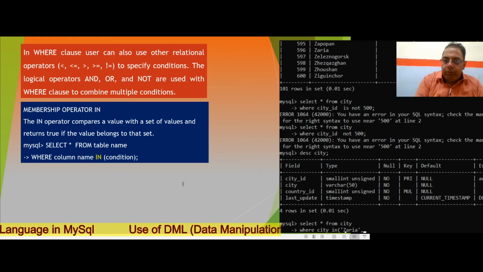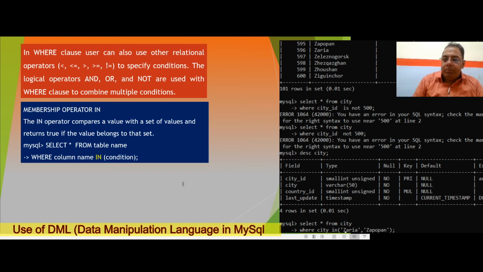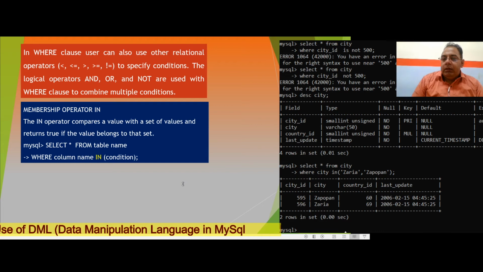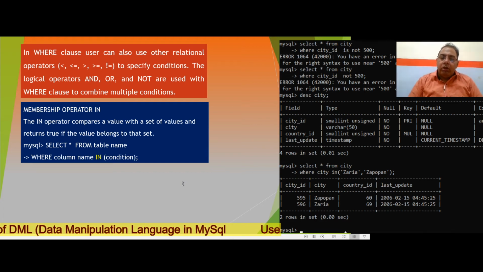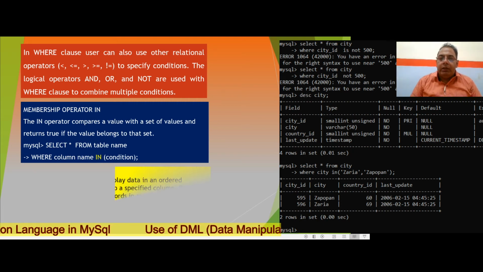If we have more than one, then I can write them using single quotes, Japopan, and then put the semicolon and press enter. It will show all the records where city equals Japopan and Jaria. So this is the operator IN, which is categorized under the membership operators.